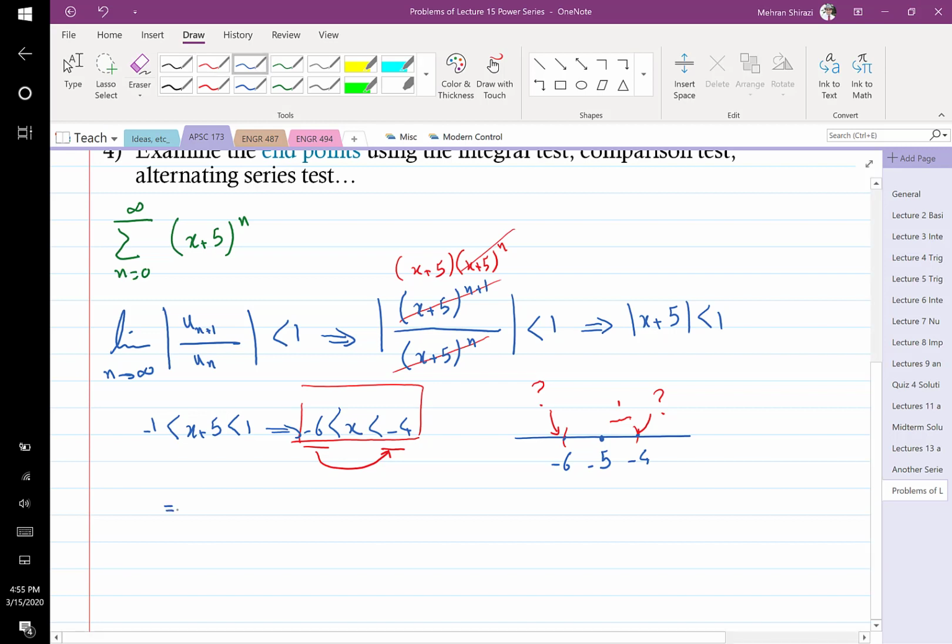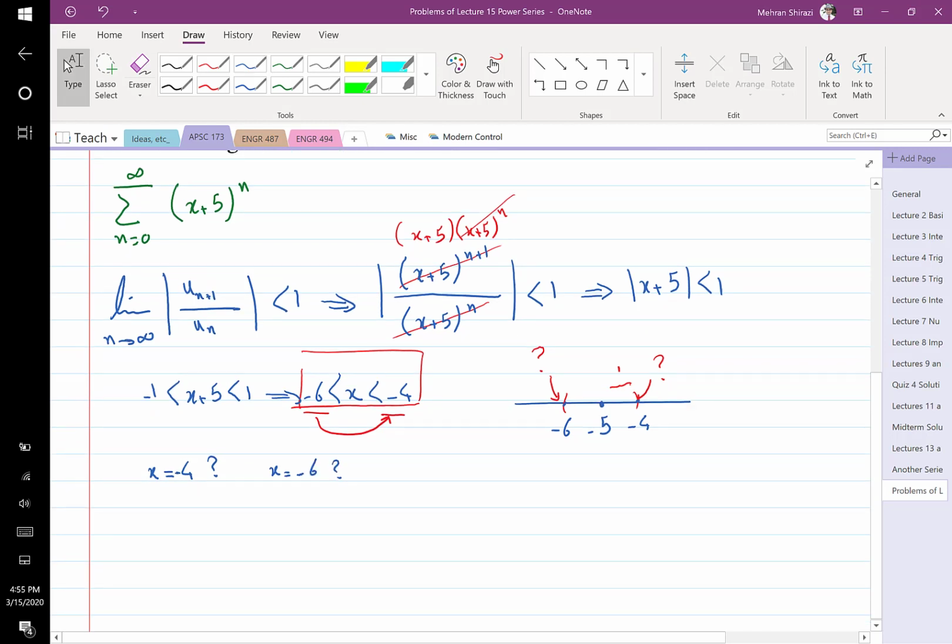We don't know what's happening to the series at these 2 points, so let's test it. At x equals -6, what do we have? At -6 we have the sum from n equals 0 to infinity of (-1) to the power of n.